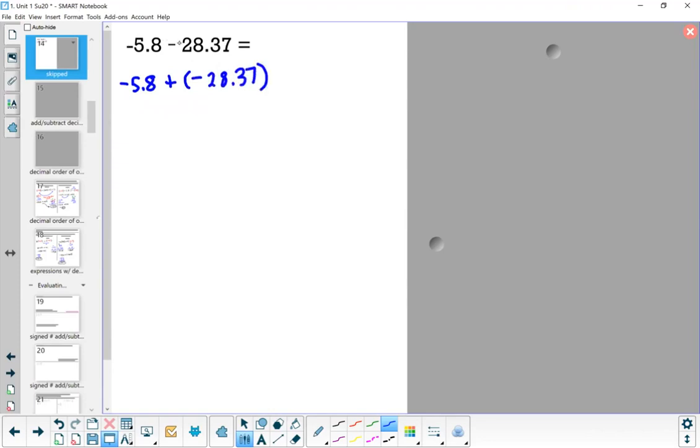So instead of minus 28.37, we put plus negative 28.37. These are equivalent. So now this allows me to see that I'm adding two negative numbers. Same sign.